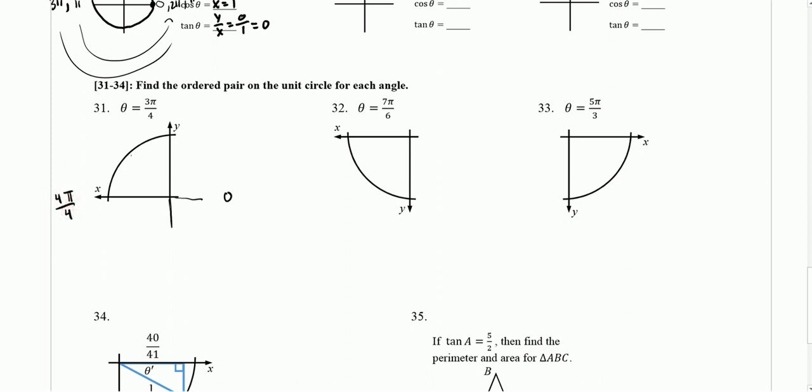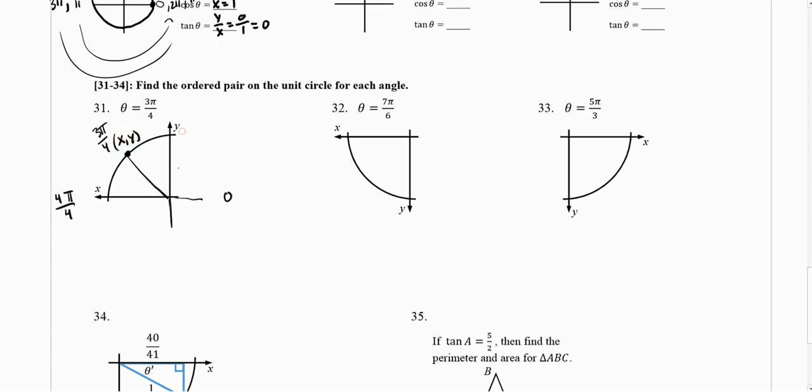So 3 pi over 4 is located in quadrant 2. And we're looking for the x and y coordinate of that point.